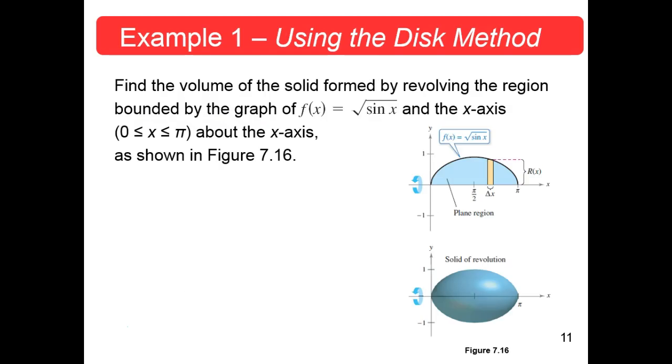So let's do one. Find the volume of a solid formed by revolving the region bounded by the graph of f of x is equal to the square root of sine x. One of my favorite functions of all time, okay? And the x-axis when you're going from 0 to pi on x, which is a very good region to go, because when x is 0, you're at 0, and it reaches a maximum of 1 somewhere out here, and when you're at pi, you're back at 0 again.